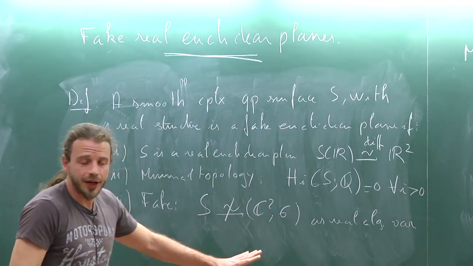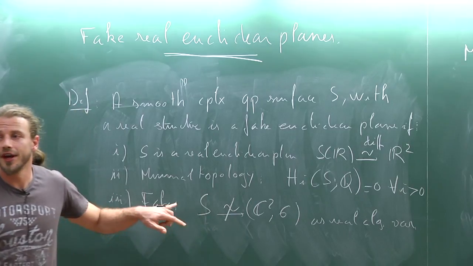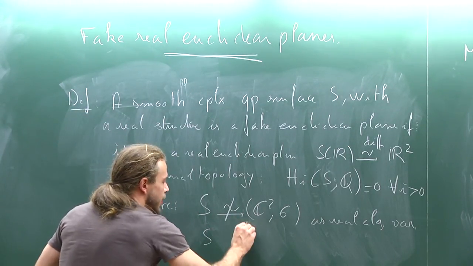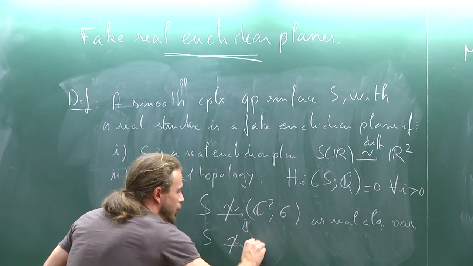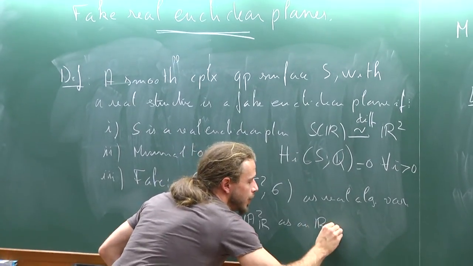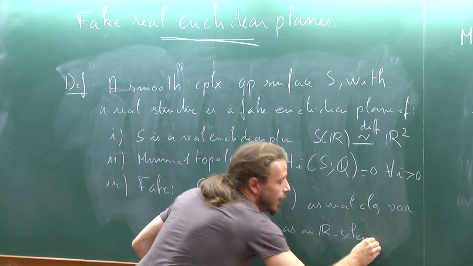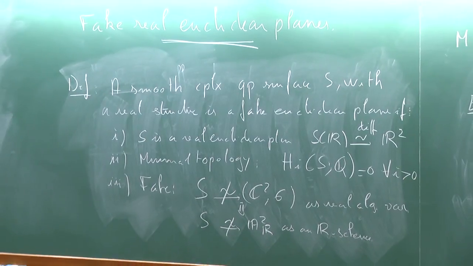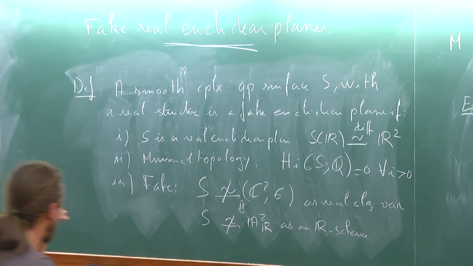Equivalently, if you view this as a scheme over the real numbers, S is not isomorphic to A^2_R as an R-scheme. I'm constantly trying to switch between the two types of language. It depends on what you want to use in a proof.